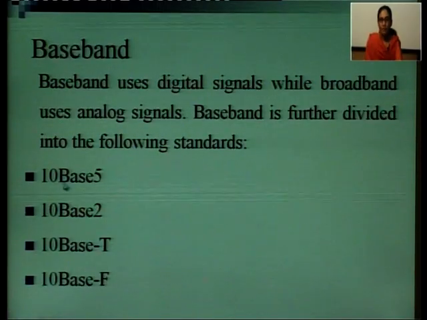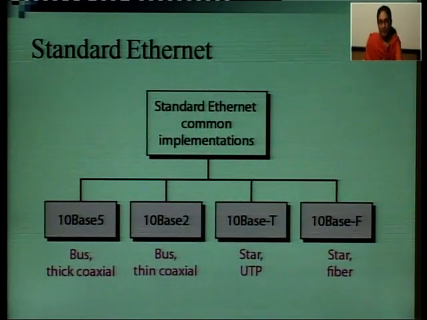Now what do you mean by 10 base 5? 10 base 5 is a category or standard of baseband. The standard Ethernet, that is the traditional Ethernet, has common implementations, and we can implement it in four types. First is 10 base 5, in which you can use the bus topology. It is also known as thick coaxial.